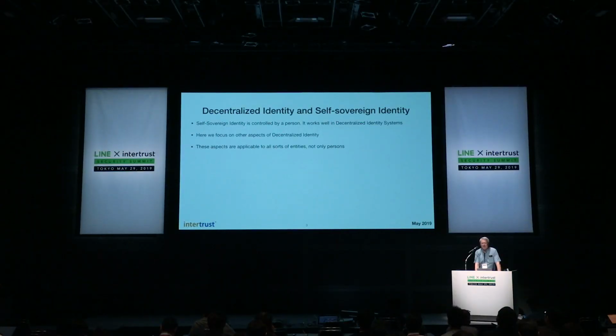But the other aspects of decentralized identity are applicable not just to the entity of people, but all sorts of other kinds of entities that need to have identity, including devices and software and other entities that can act for an individual. A lot of this is driven by the idea of having a lot of automation of all kinds of processes, whether they be processes in Internet of Things or processes having to do with e-commerce.